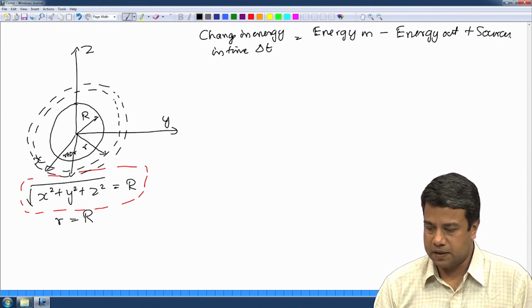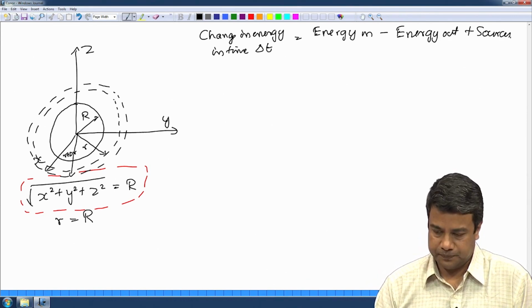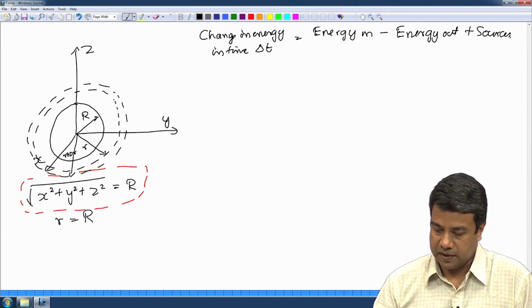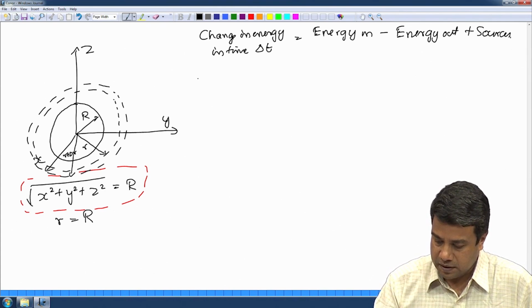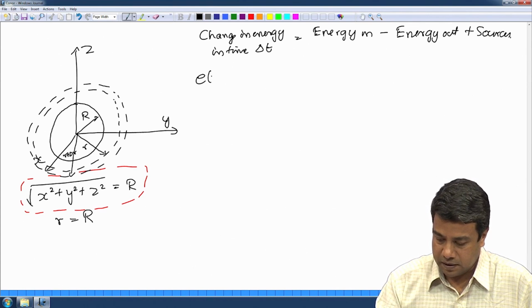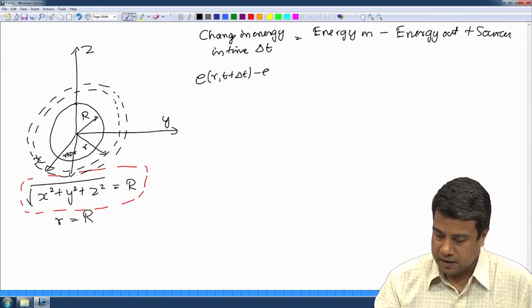So that is going to be the balance condition. Change in energy is going to be equal to the difference in energy density, E at r, t plus delta t minus E at r, t, times the volume.